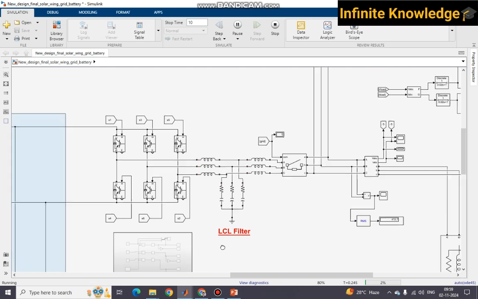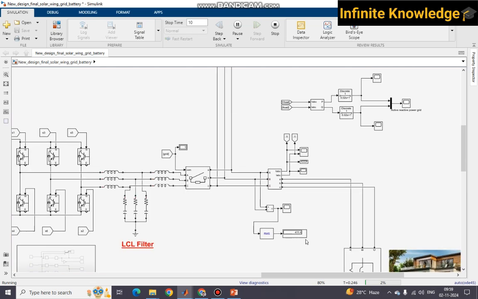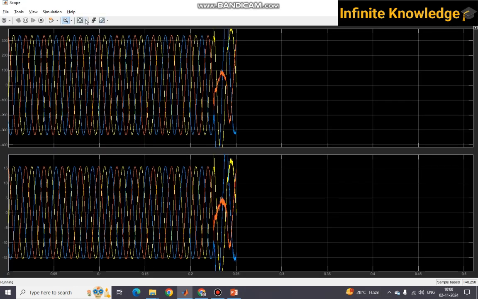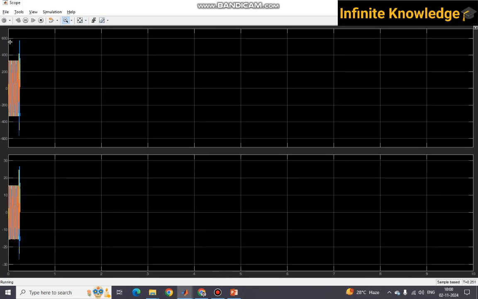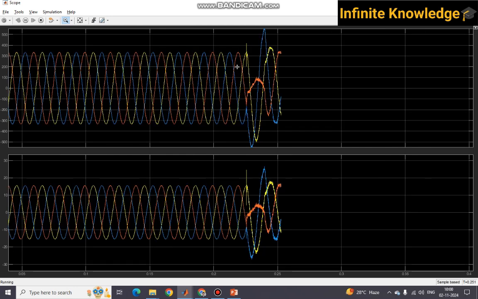And you can see here the waveform, you are getting the voltage also, which is very nearly 415 volts. It's a three phase voltage, and yes, you can see there are some initial spikes and then it is stable. So yes, you can see it is transferred from grid to solar, and now there is some voltage ripple.